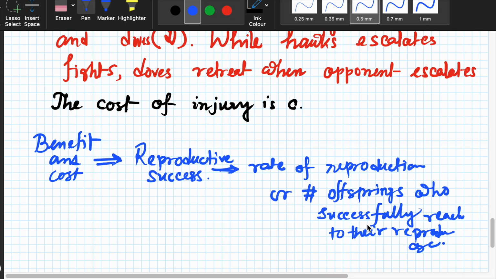So this is called reproductive fitness, and when in evolutionary game theory we talk about cost and benefit, it is in terms of this reproductive success, or fitness.